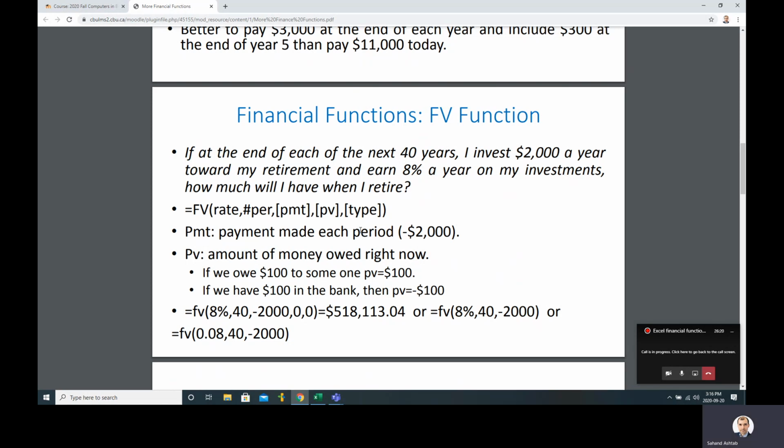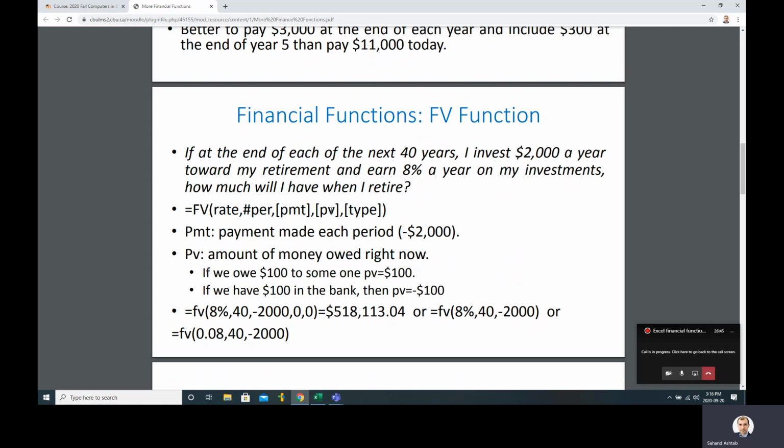There are 5 arguments inside the FV function. It starts with equal sign, FV. We have rate, number of periods or payments, the payment itself, present value, and type. Payment made each period is 2,000 in this example, so that will go in as minus 2,000.